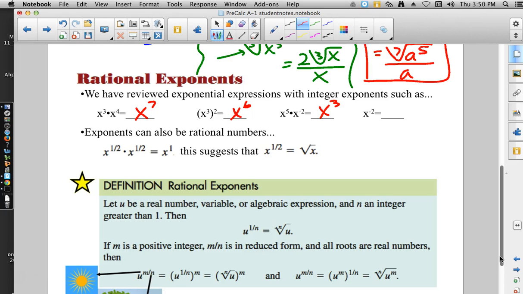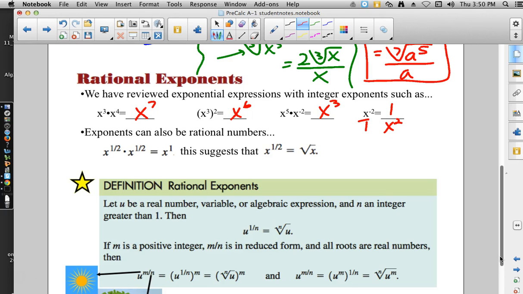And finally, we know that we cannot leave a negative power in our answers. So the way that we get rid of that is by using reciprocals. Right now, this is an x to the negative 2 over 1. So what I'm going to need to do is put a 1 up here to flip this whole thing over and make it positive. So that will be 1 over x squared.